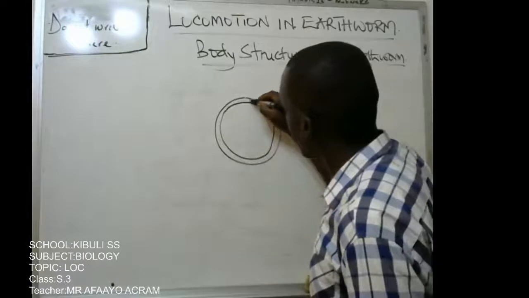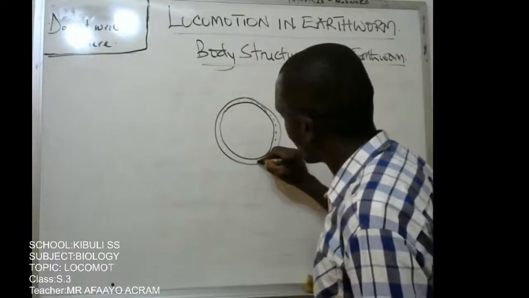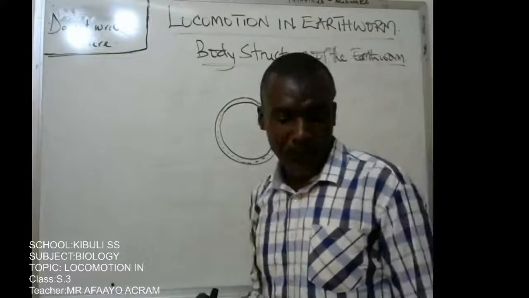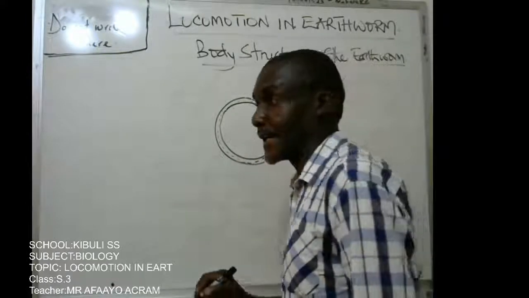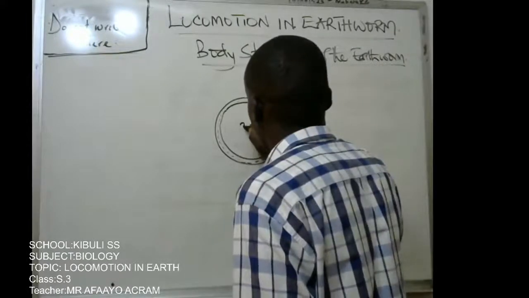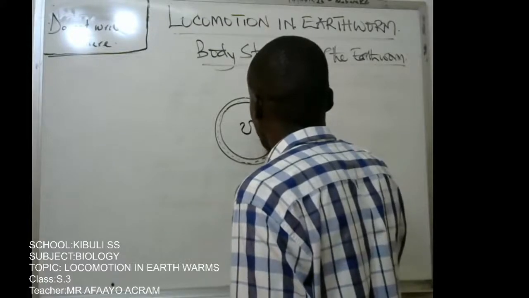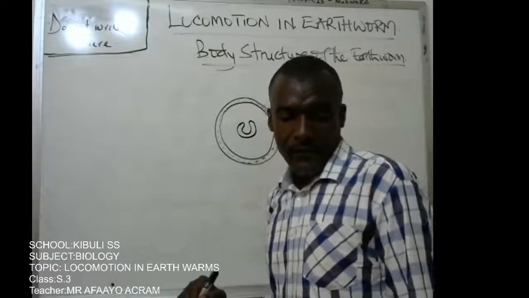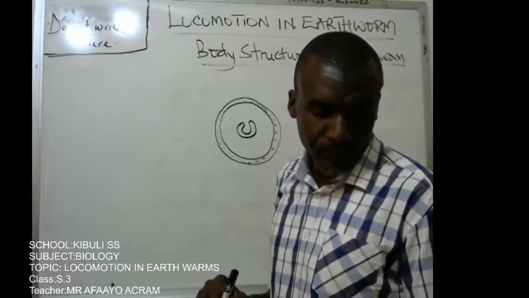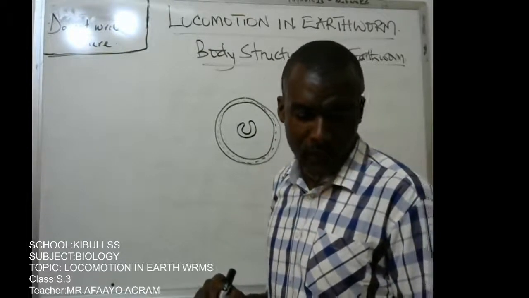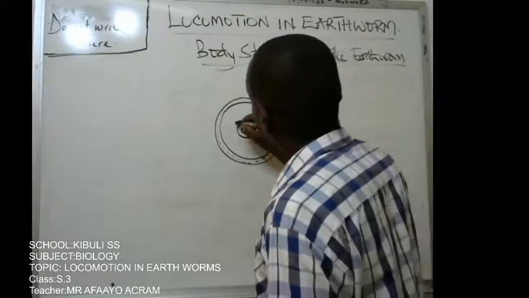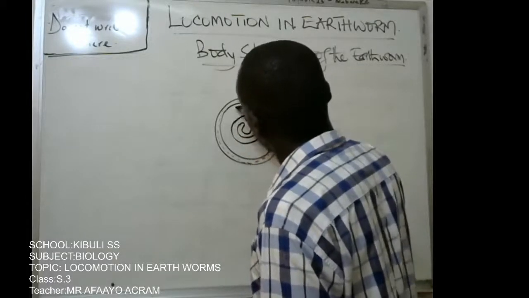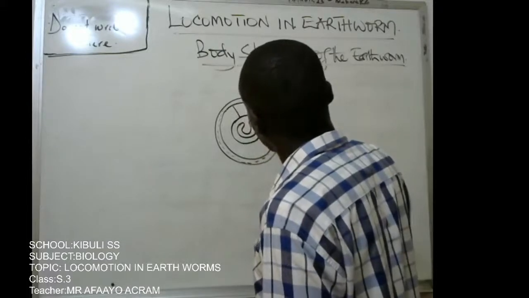Those form the circular muscles. In the middle of the earthworm is where you have the gut. Then from the middle outwards to the ringed muscles, you have the longitudinal muscles.